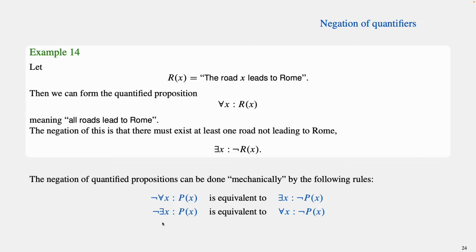And if we negate the proposition there exists x such that P(x), then this is equivalent to for all x, not P(x). So we flip the quantifier and we pull the negation behind the quantifier. That's how you negate quantified propositions.